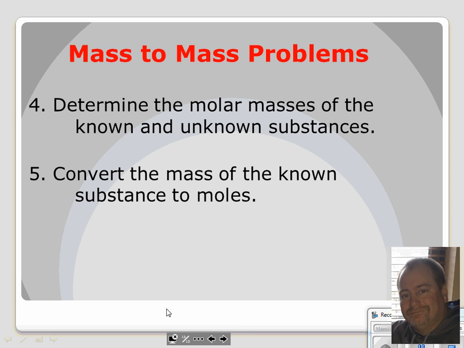Fifth step, and here's where actually we're getting into the work of the problem. The fifth step is to convert the mass of the known substance to moles.